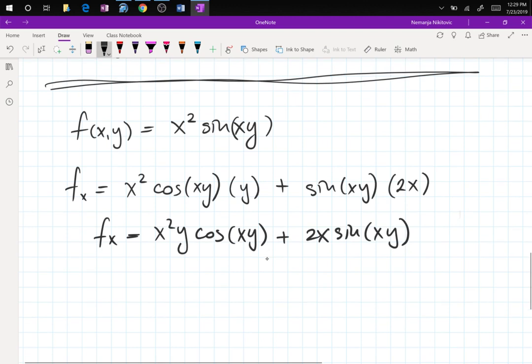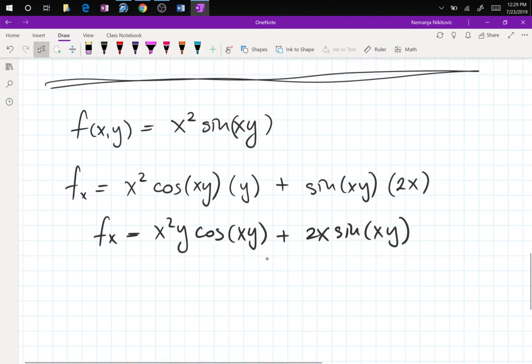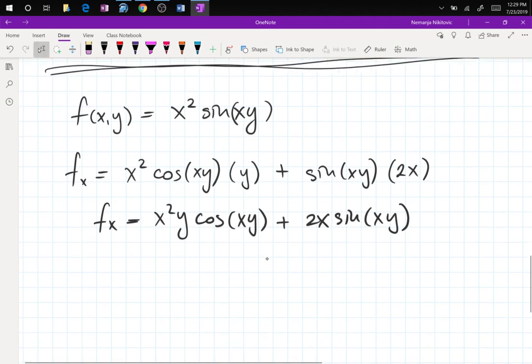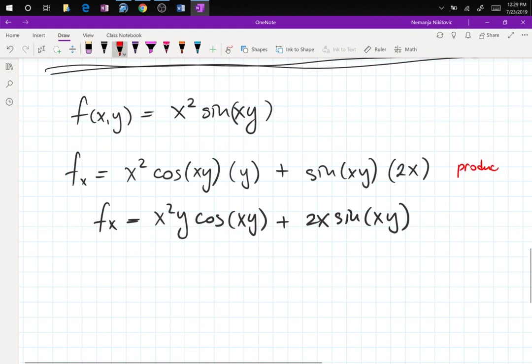Yes, you can factor out x, but we don't achieve a lot with it. So, product rule, in this case, because we had x squared times sine as a function of x.